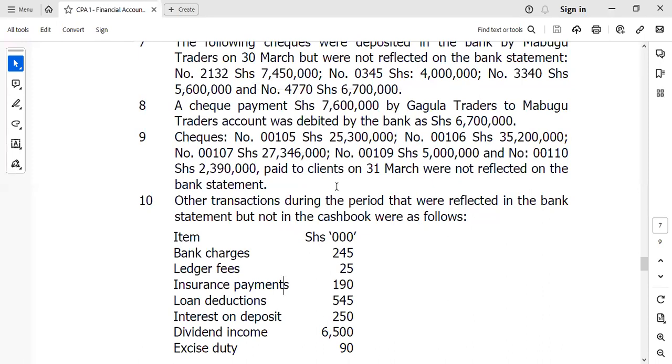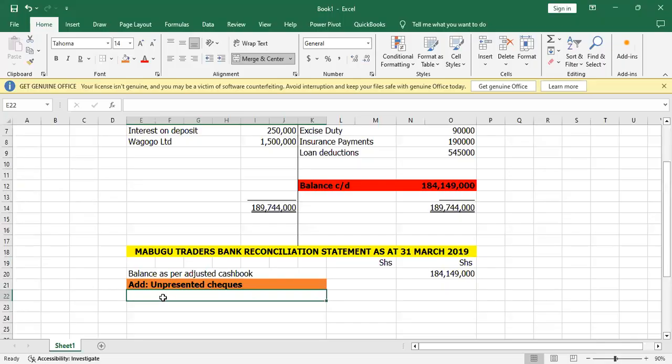Different checks were issued to the clients, but the clients maybe had not presented these checks to the bank for payment by the time Mabugu received the bank statement. So these are the unpresented checks, and we have to add them to our adjusted cash book balance. You list them one by one.